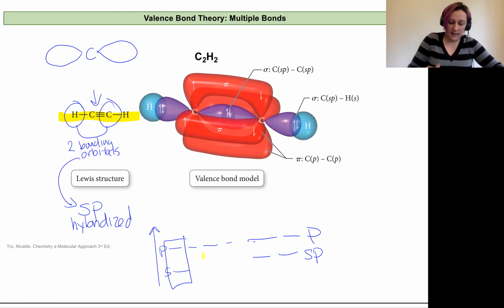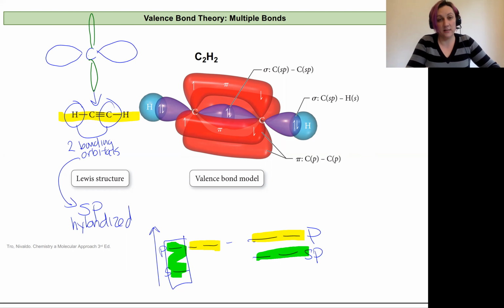2 p orbitals left. So these become these. And they're going to be on the carbon in 2 different axes. So one might be along the z, the other may be along the x. And so as we create that sigma bond, one of our hybridized orbitals on the carbon creates a sigma bond with a hydrogen.